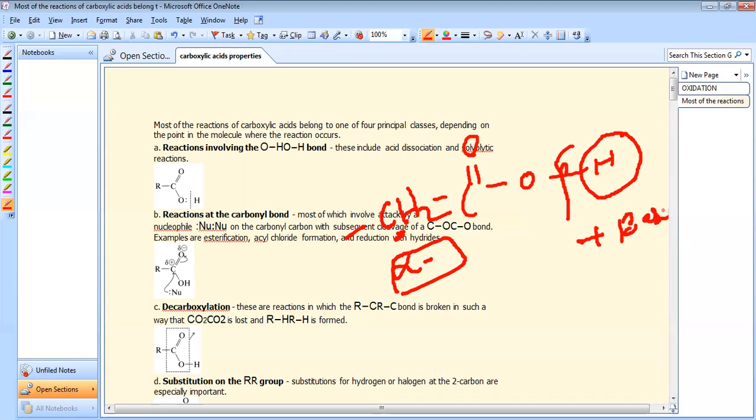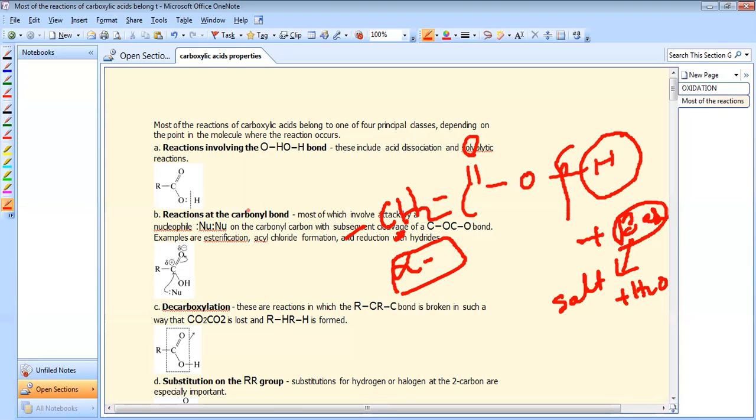So when it is treated with base, what happens? It is a neutralization reaction. In a neutralization reaction, we can expect formation of salt along with water. So these reactions occur via breakage of the OH bond. This is the first type of reaction.